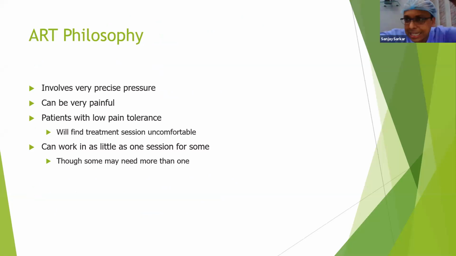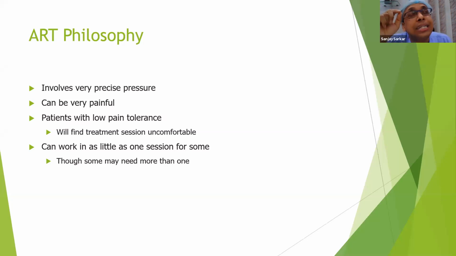ART philosophy, that is exactly what we talked about, involves very precise pressure. So when you are applying the pressure, usually in the courses that I have done with them, what they usually say is your pressure needs to be halfway between the thickness of that muscle belly, because that's the most prominent area where you have scar tissue and adhesion formation. So that's the reason. It can be very painful, as I said, because it's a tender point. It's a tender area.